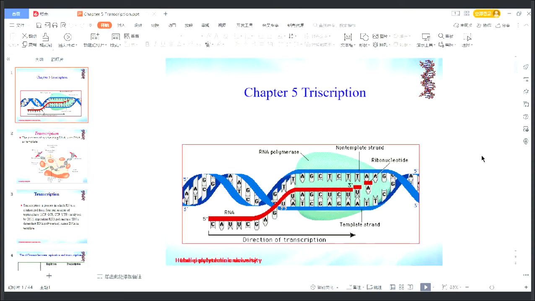According to the base pairing, RNA polymerase catalyzes and synthesizes the RNA. And here, the base pairing is different from DNA paired with DNA. Here you can see U paired with A, A paired with T, G paired with C, C paired with G.